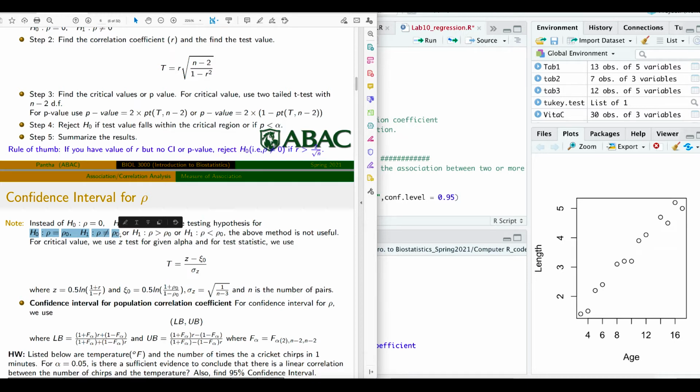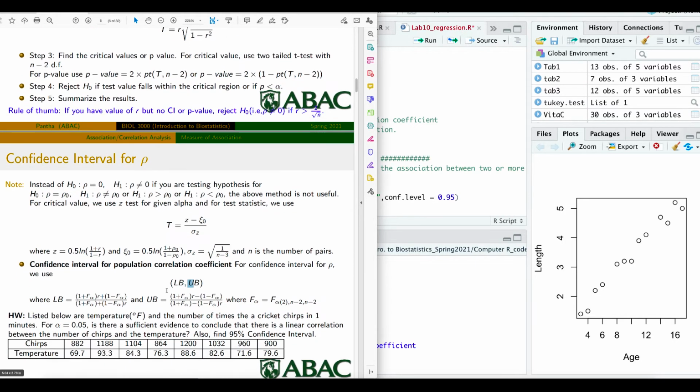So next is the confidence interval for the population correlation coefficient. For the confidence interval, we use this formula: lower bound and upper bound. Lower bound is given by this formula and upper bound is given by that formula. So LB equals (1 plus f sub alpha times r) plus (1 minus f sub alpha), and divide by that, and UB is that, where f sub alpha is the f value from the f table with two-sided alpha.